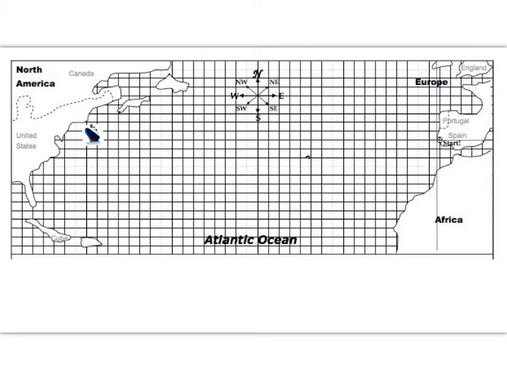So we're going to graph direction, and we're going to make each square in my graph here equal to 100 miles. So 1 square is equal to 100 miles. And I know there's some weird squares that you can't see. I'm sorry, I don't know why that happened.